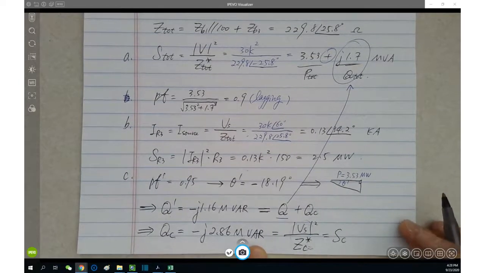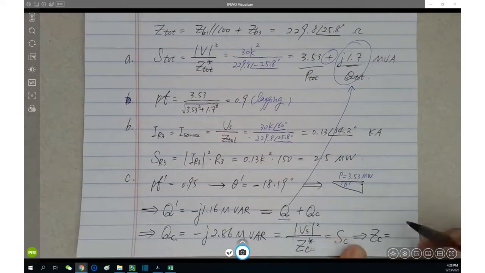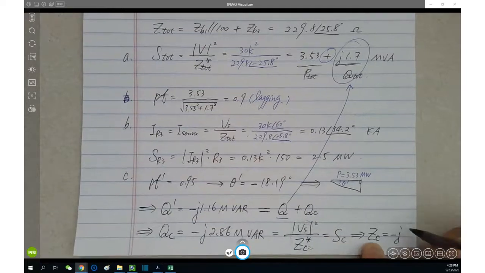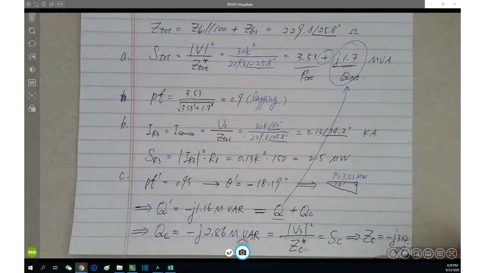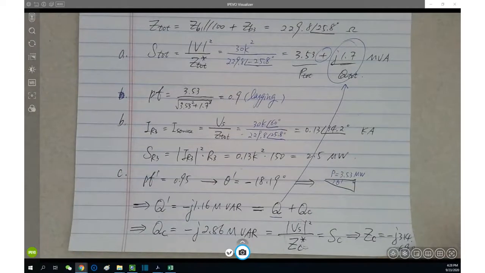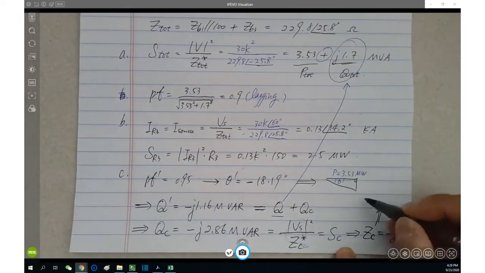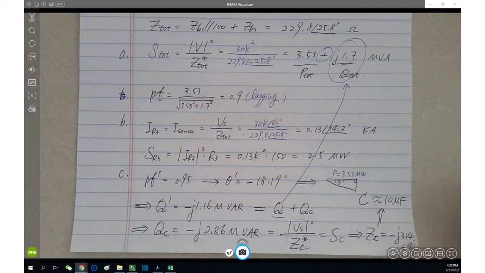From here, you can find the actual impedance of the capacitor, which equals negative j times 314.69 ohm. And from here, you further find the capacitance is about 10 microfarad.